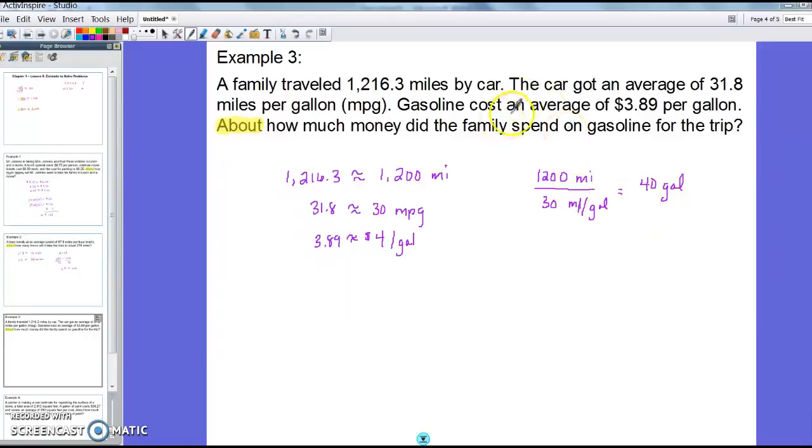That's how much gas they used on the trip. And now we can say, well, if they used 40 gallons and it cost them $4 for every gallon, that costs them a total of about $160. So here you had to do two calculations. You had to start with how many gallons it was, and then you had to figure out the cost from there.